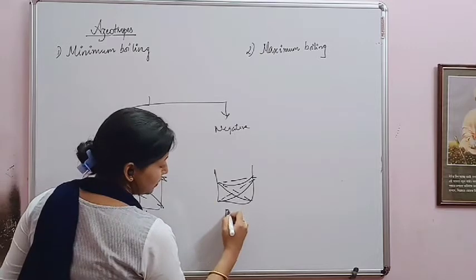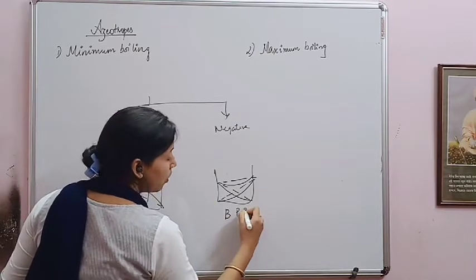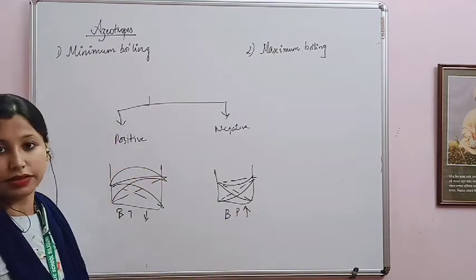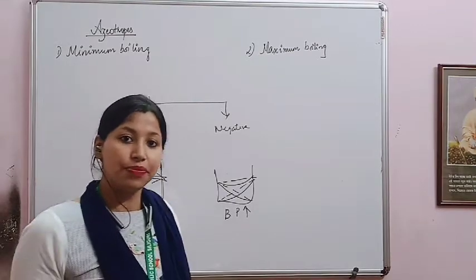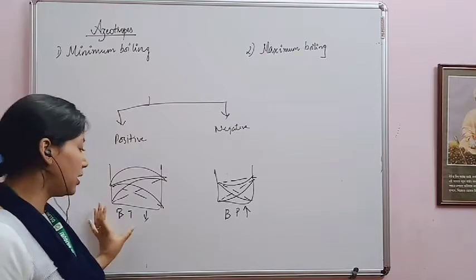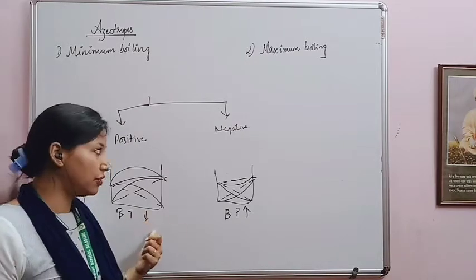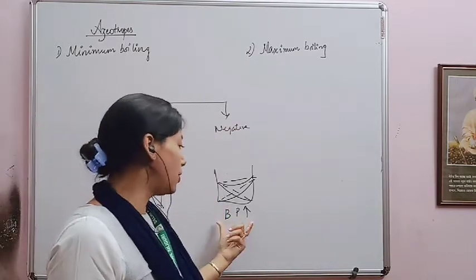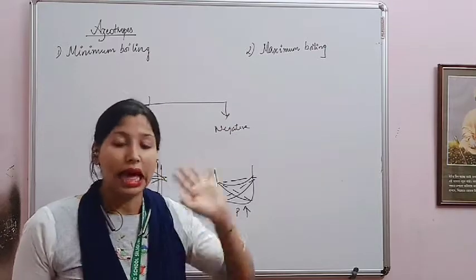If vapor pressure is less, boiling temperature will increase. Is that understood? So for positive deviations, boiling temperature is low, and for negative deviations, boiling point will be high.